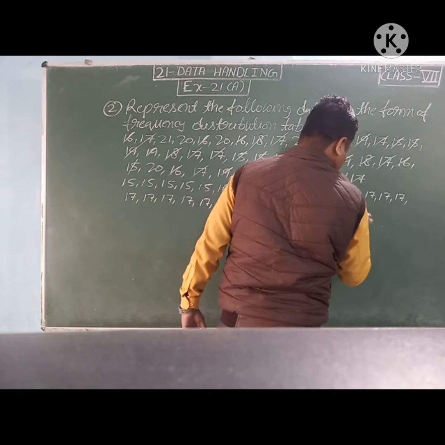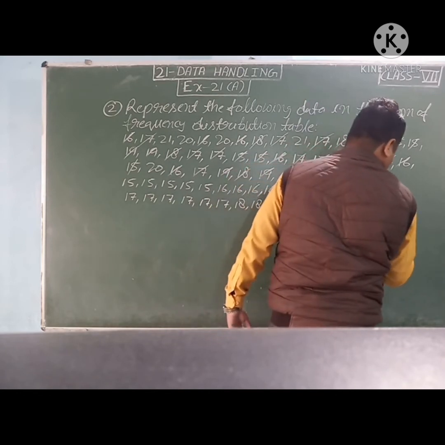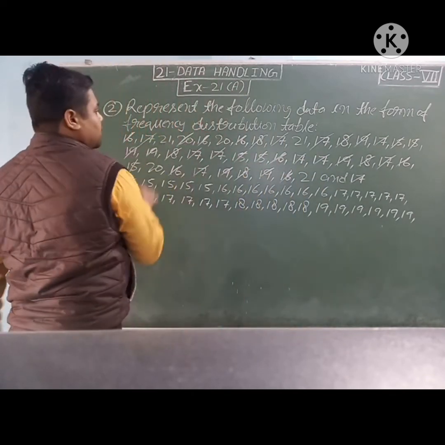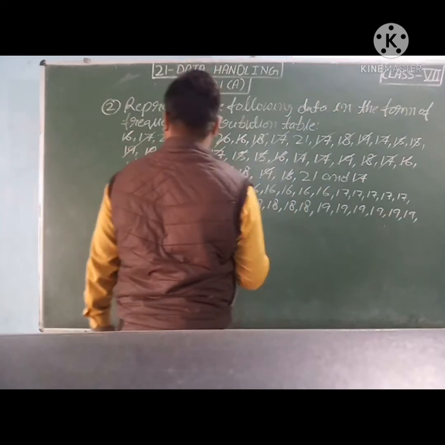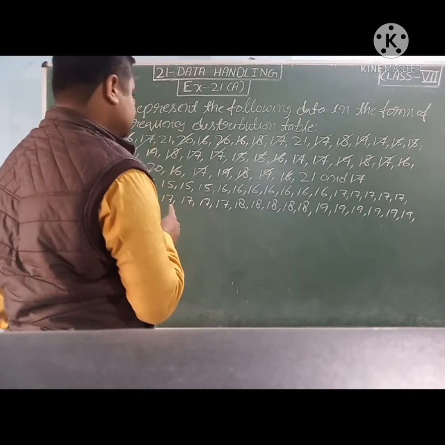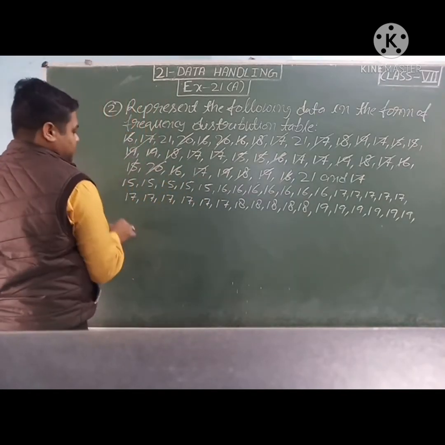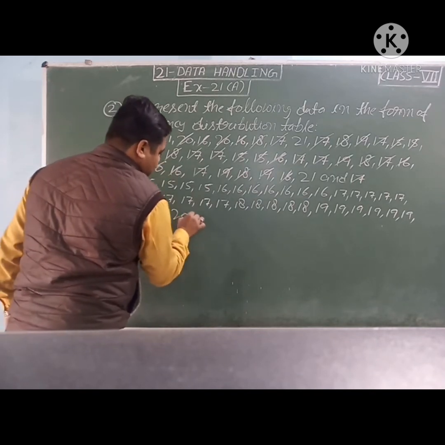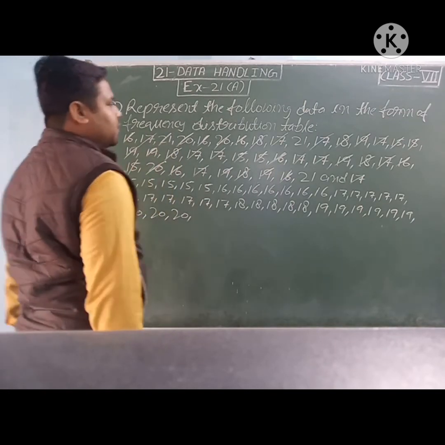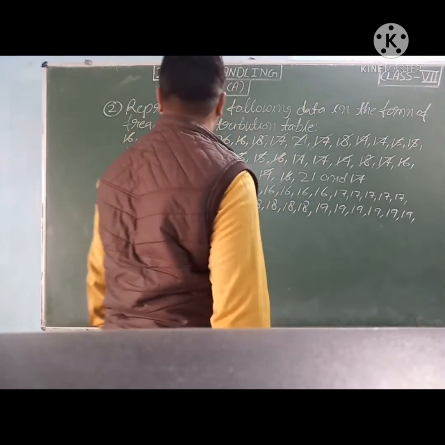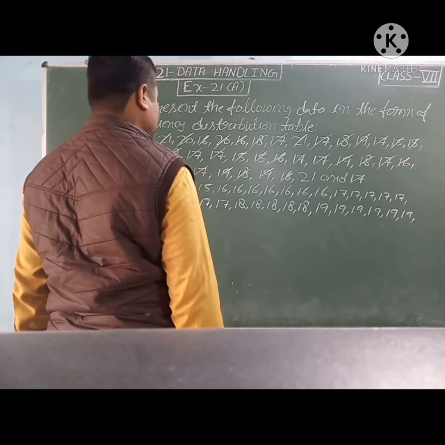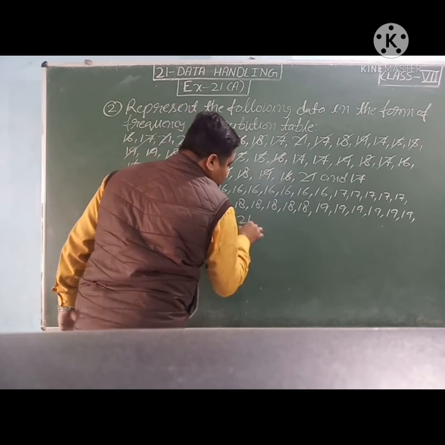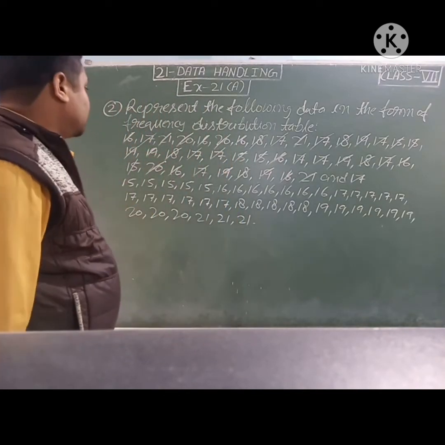After 19, 20 is there. 3 times 20. After 20, 21. 3 times 21. Now students, first check if any number is left uncut.